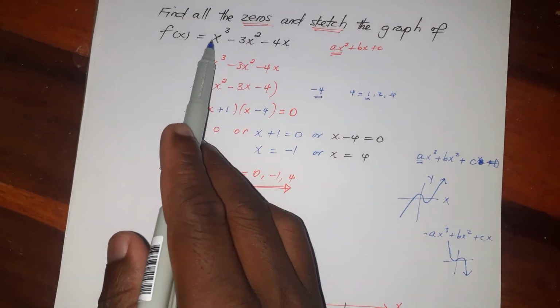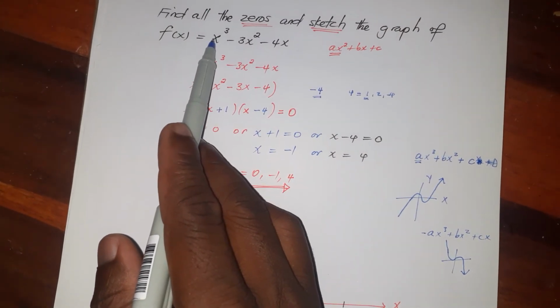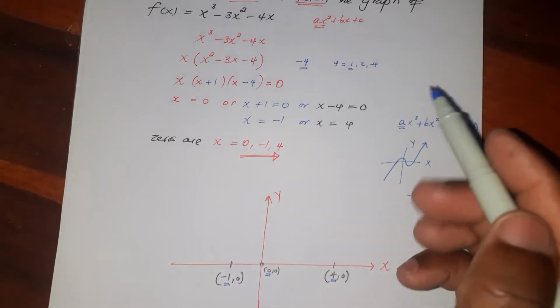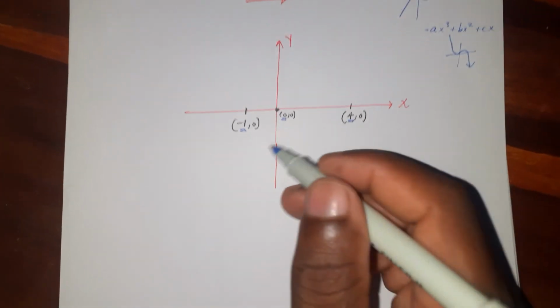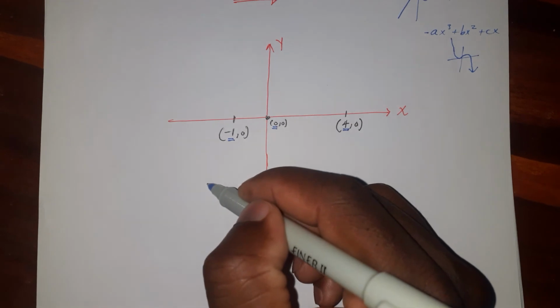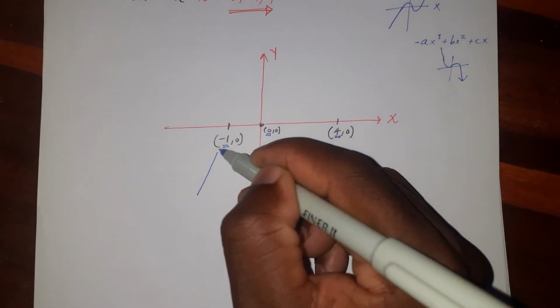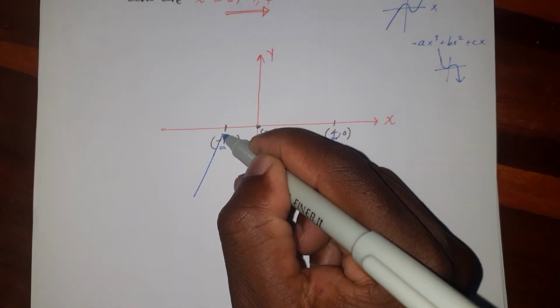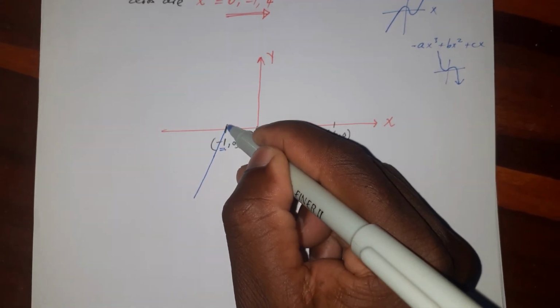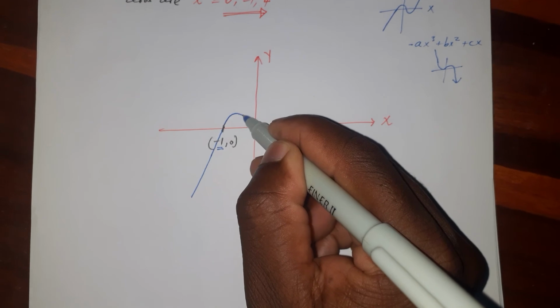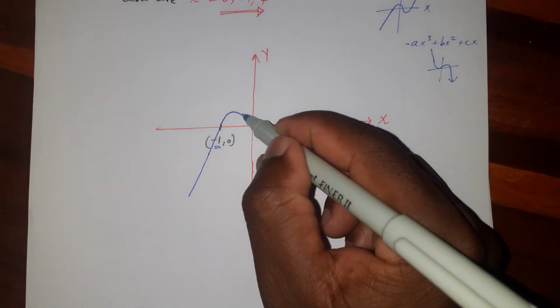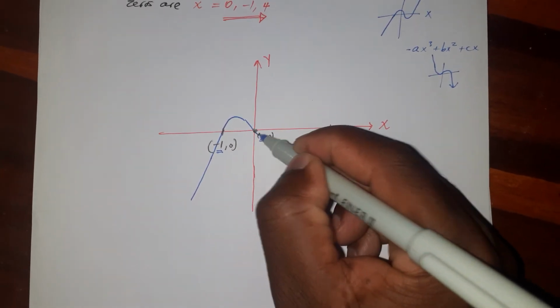So in our case, the number in front of x cubed is 1, which is positive. Therefore, our polynomial should go like this, and passing through our points, it should cross at that point. It goes up and then it turns. And then it crosses again at that point.